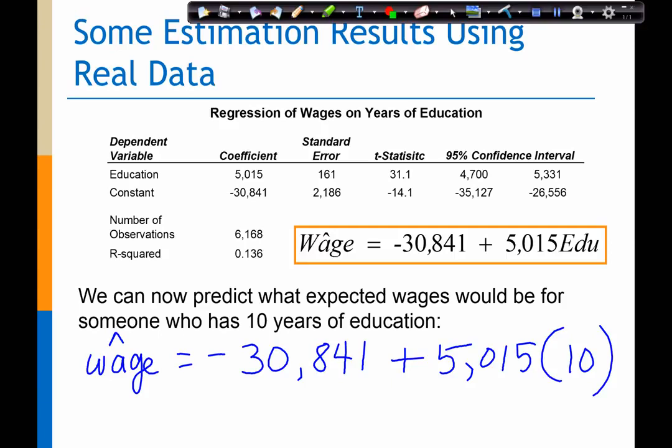And you would plug it into your calculator, negative 30,841 plus 5,015 times 10, and out would pop an estimated wage for someone who has 10 years of education.